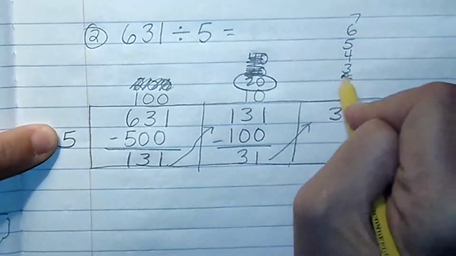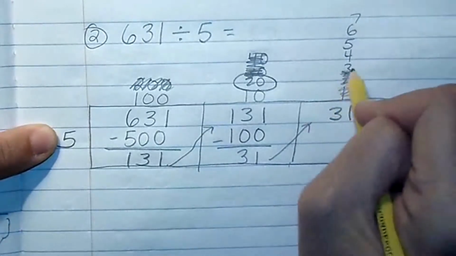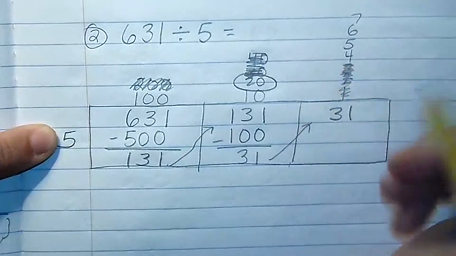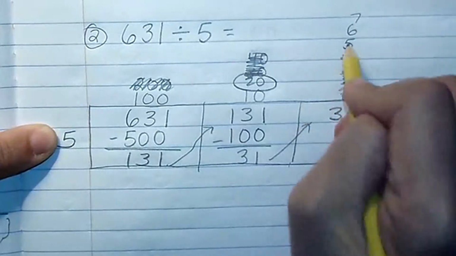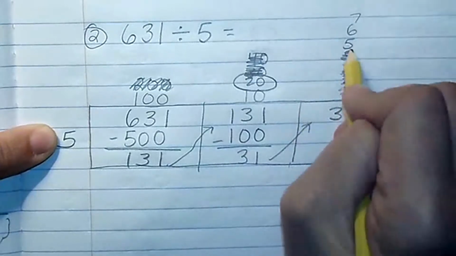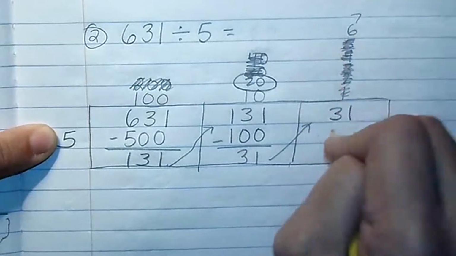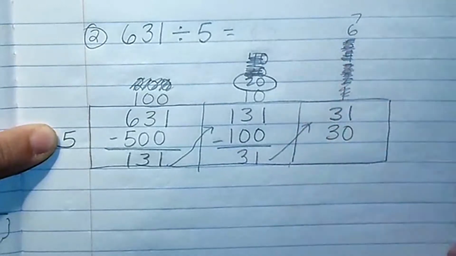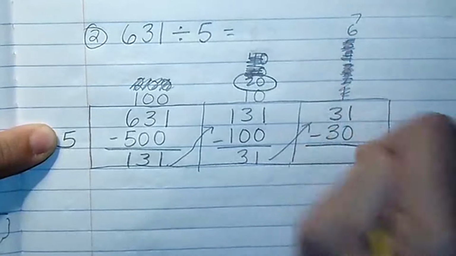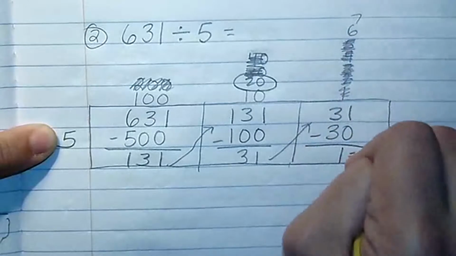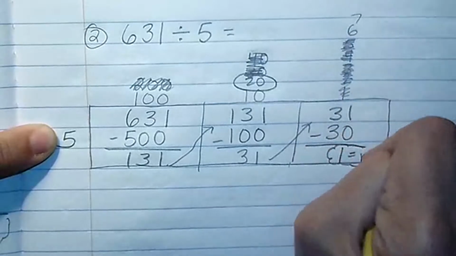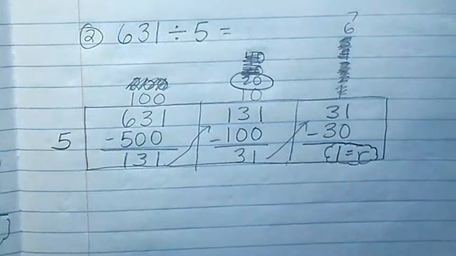Those are too small. 3 times 5 is 15. 4 times 5 is 20. 5 times 5 is 25. 6 times 5 is 30. There we go. And I'm going to subtract. I have 1 left over. That is my remainder. I got to remember that 1. 1 isn't my answer, but it is my remainder, and it is important.